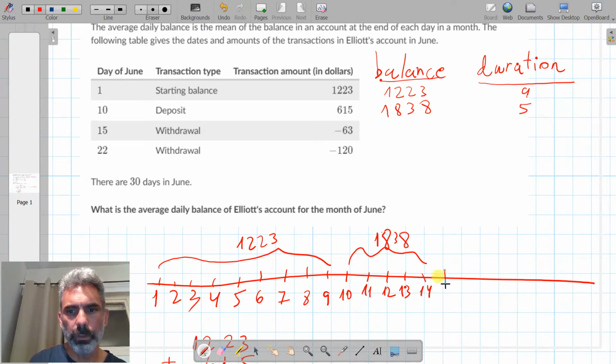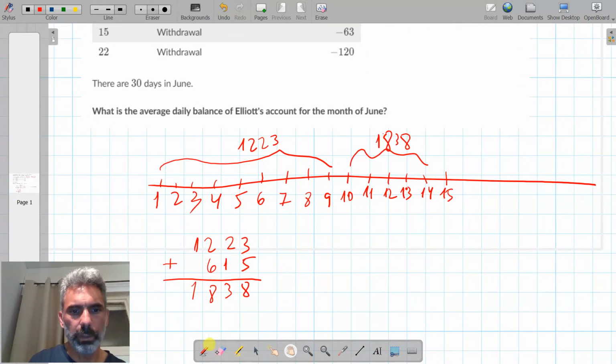On June 15th, the balance changed because Elliot withdrew $63. So from 1,838, we need to subtract $63.